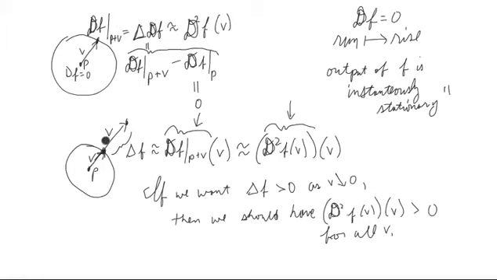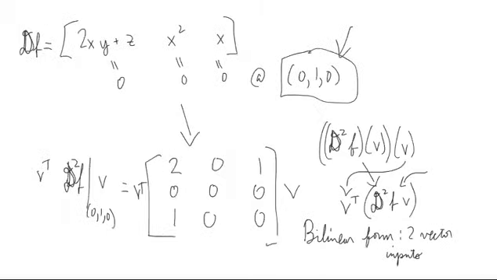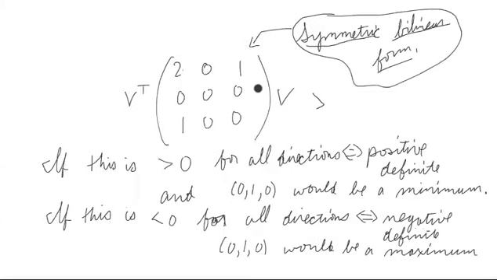So if we're approximating it over there, and we want that output to always be positive, because this is a row, the output is one value, and this is a column, so the input is one. So it's going to be a 1 by 1 as we come out, and we want just a number. If we want that number to always be positive, and this is a symmetric bilinear form, then that's called positive definite.